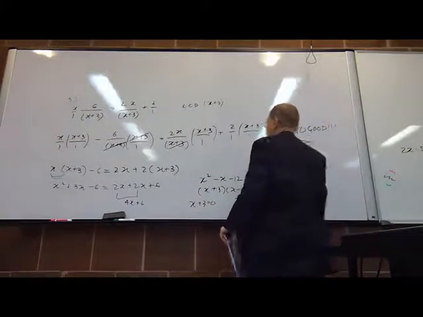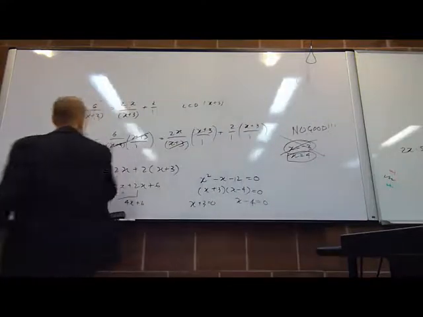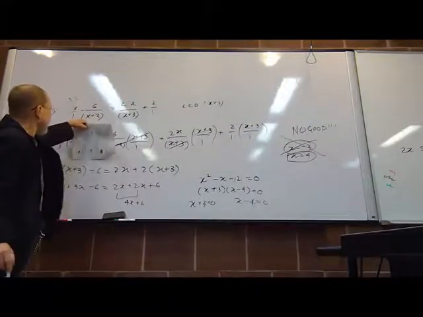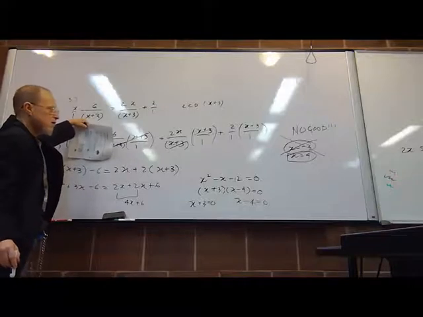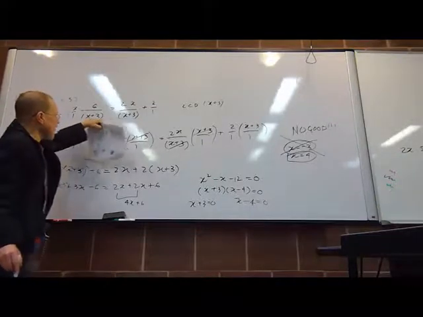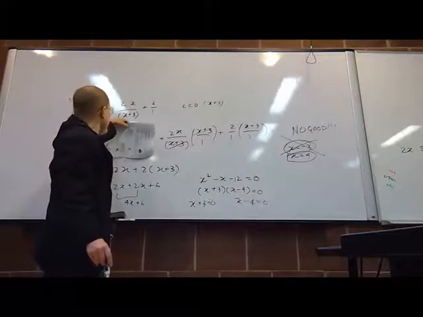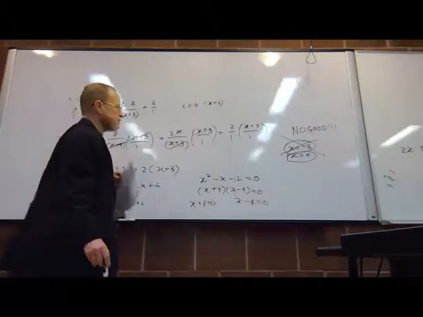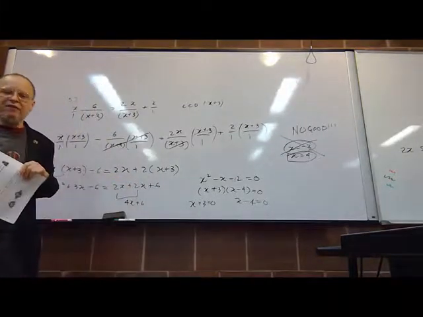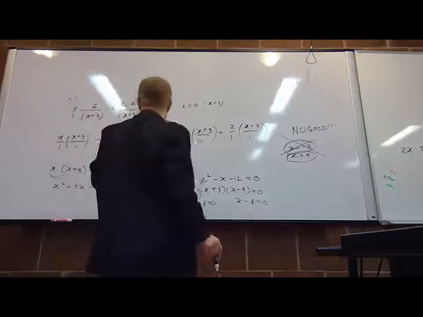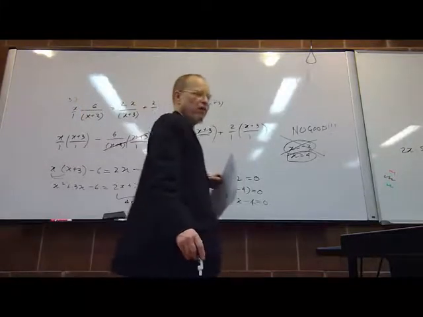But this one is fine, because if I put this in the denominator here, I'll get 3 plus 4 is 7, and this denominator I'll get 4 plus 3 is 7, so that's good, and that means that I have a denominator that's not crazy.